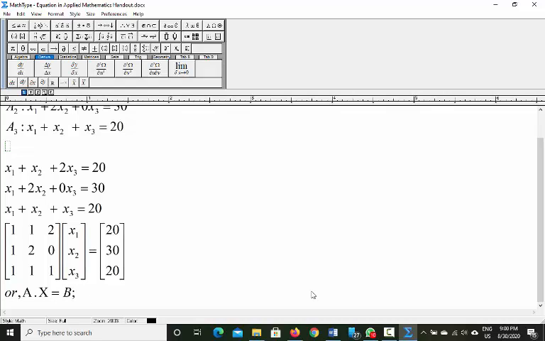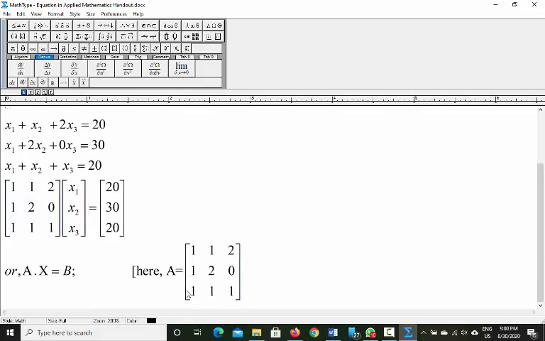So let me give a side note here so that you don't get confused. Here A is equal to this matrix.